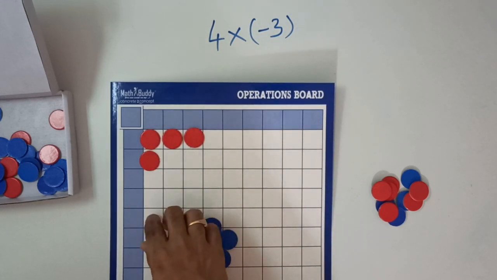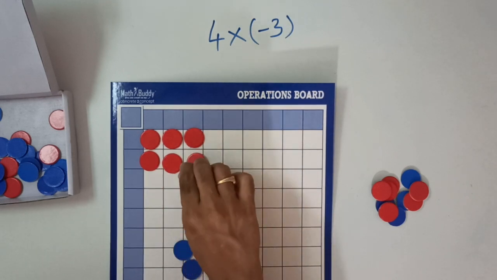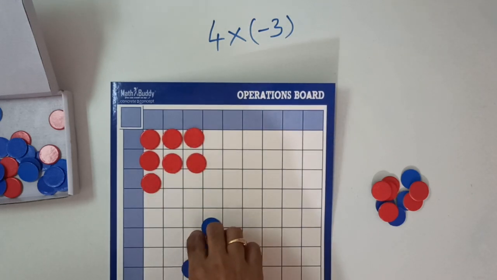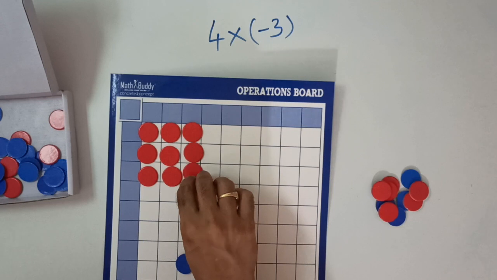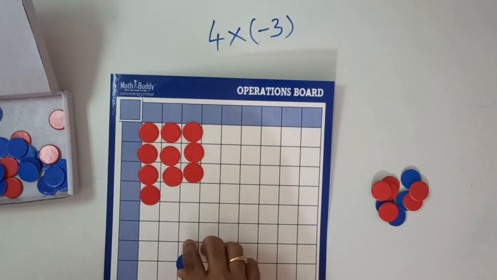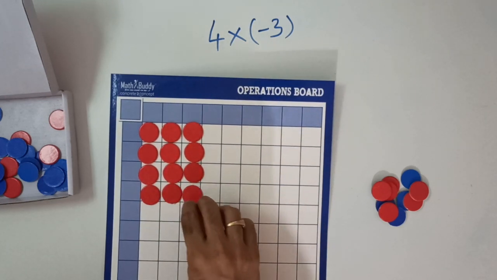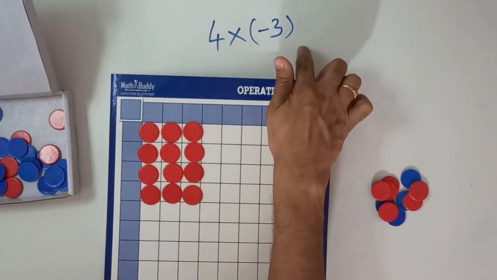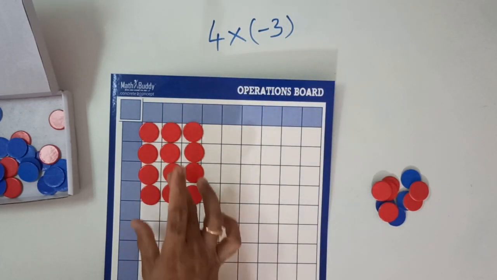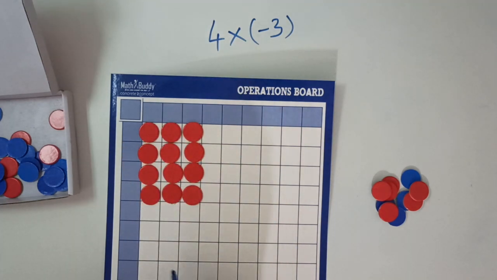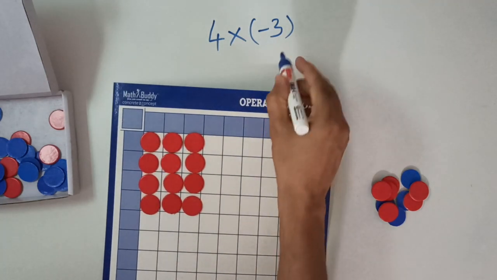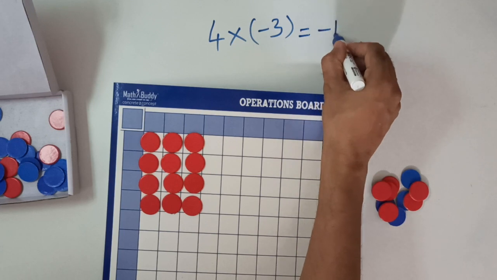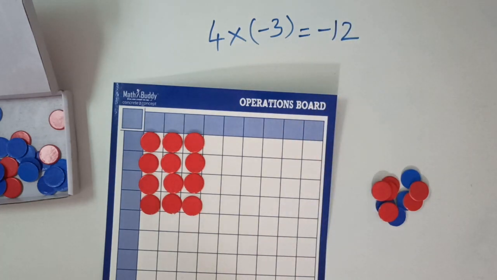I place 3 red chips in the first row, 3 red chips in the second row, 3 red chips in the third row, and 3 red chips in the fourth row. So it's 4 groups of 3 red chips. And what will be the value? I've got 12 red chips. 12 red chips means it's minus 12. So 4 times minus 3 gives me minus 12.